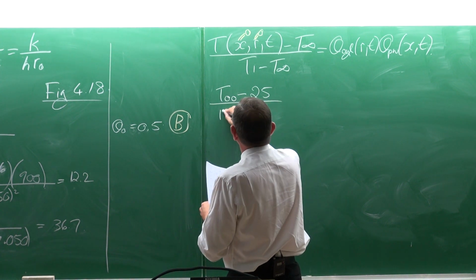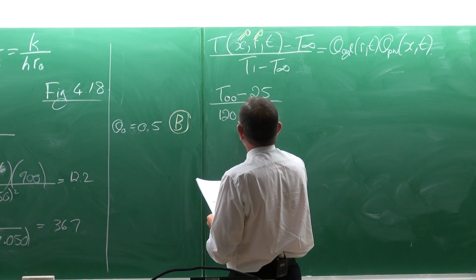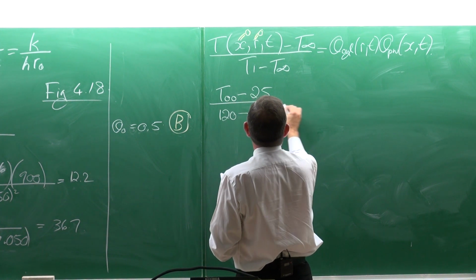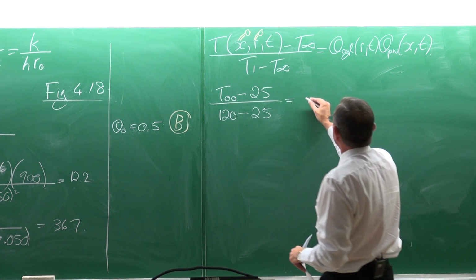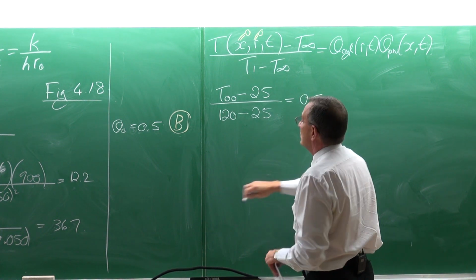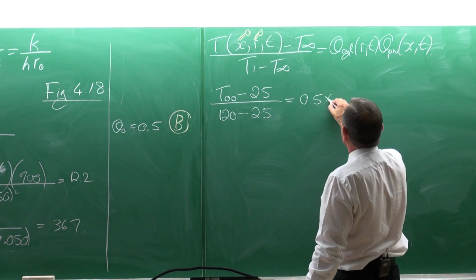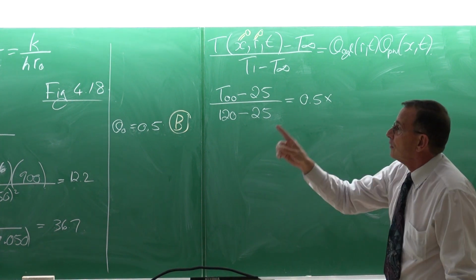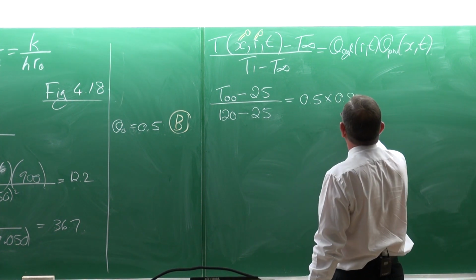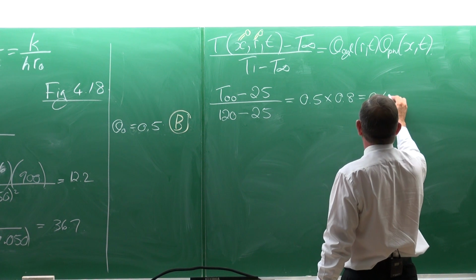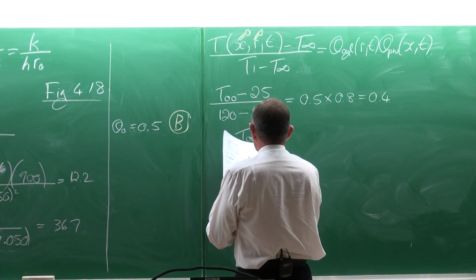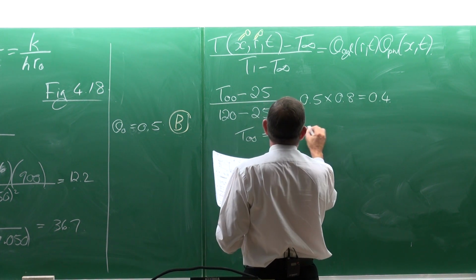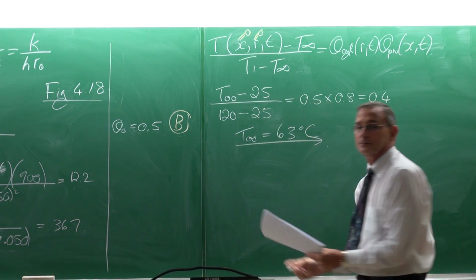The initial temperature is 120. 120 minus 25 is equal to the non-dimensionalized temperature for the cylinder multiplied by that of the plane wall, 0.8, and that is equal to 0.4, from which we can calculate that the temperature in the center would be equal to 63 degrees Celsius.